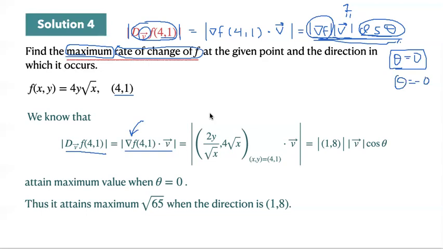So it means that we want to find fx and fy. Find the maximum rate of change. I think we don't need to take absolute value here.